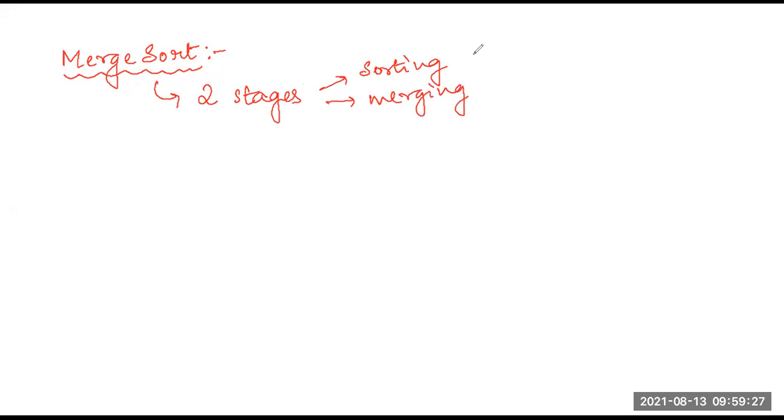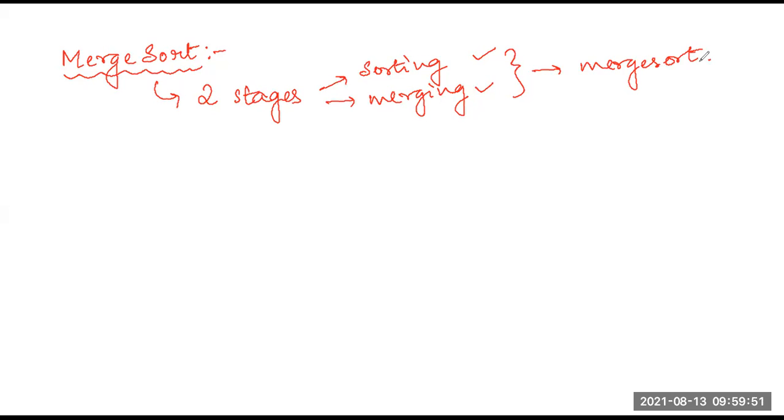We will write the pseudocode of sorting. We will write the pseudocode for merging, and these two pseudocodes together we will refer to as the entire merge sort algorithm. Okay. Just like the quicksort algorithm followed the divide and conquer procedure, merge sort also follows the divide and conquer procedure.